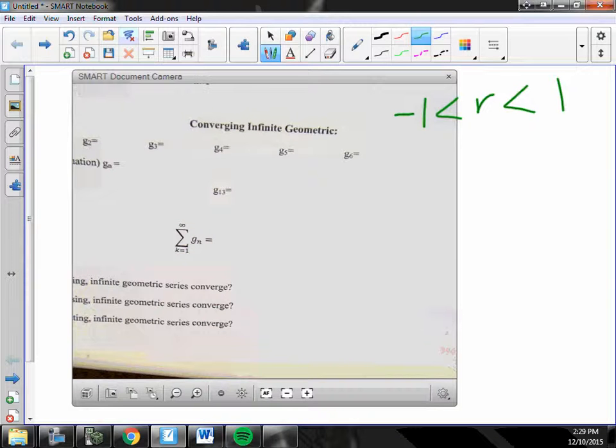And if it converges, then we can add up all of the terms, and we end up getting some real number. Now, it could alternate. It doesn't matter if it alternates. It's decreasing, which means if you add them all up, all the way to infinity, you're going to get some real number. And the formula for that is a sub 1 over 1 minus r.